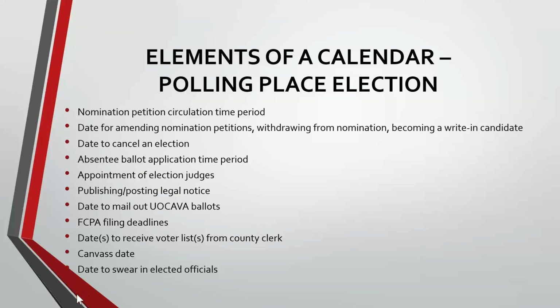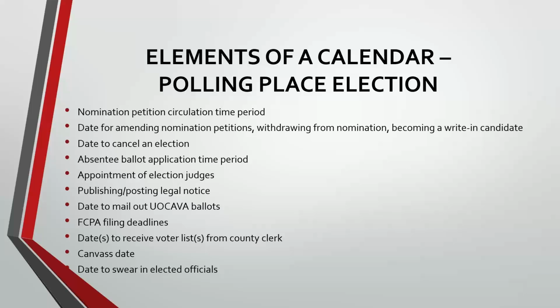So here's the calendar. Nomination petition circulation time frame, 91 to 71 days before the day of the election. The dates for amending the nomination petition, for withdrawing from nomination. And what that means is somebody's filed a petition, the petition has been certified as valid, and they change their mind.